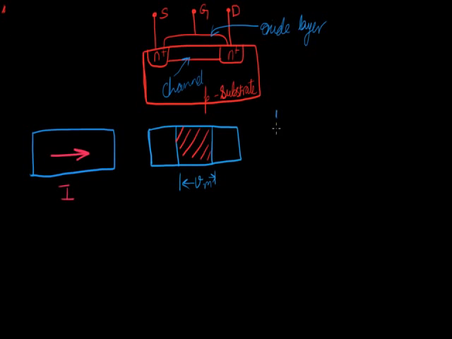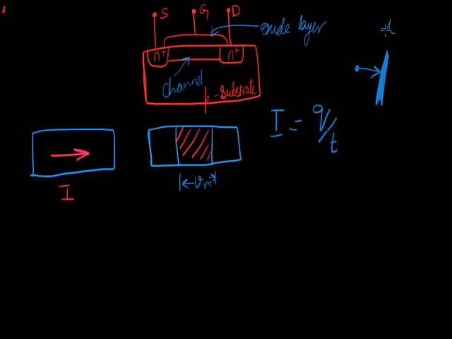So current, given by I, is the charge flowing across a cross-section of an area in unit time. Say this is the cross-sectional area that the current has to pass through, and this is an electron, and it hits this place.